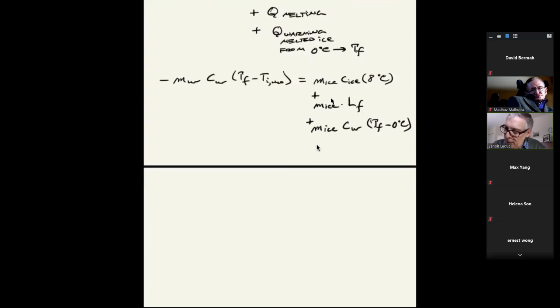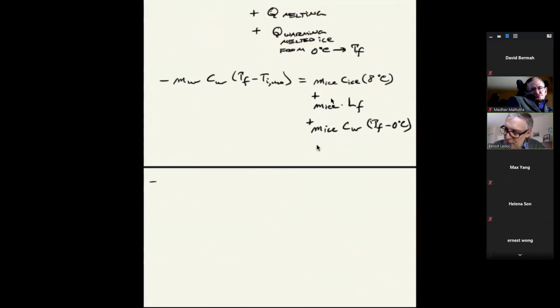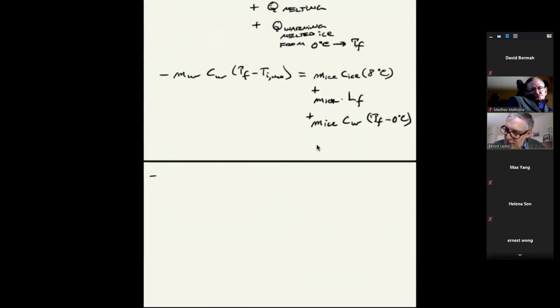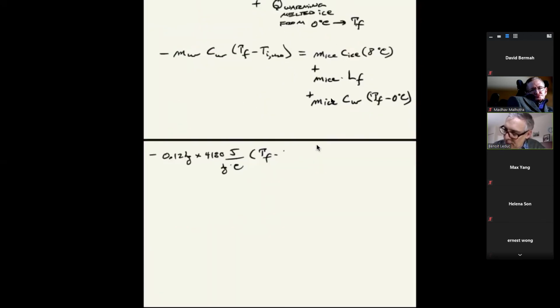Then you plug all the values in. The mass of water was 0.12 kilogram times 4180 joule per kilogram per Celsius, times TF minus the initial temperature, which was 95 degrees Celsius.